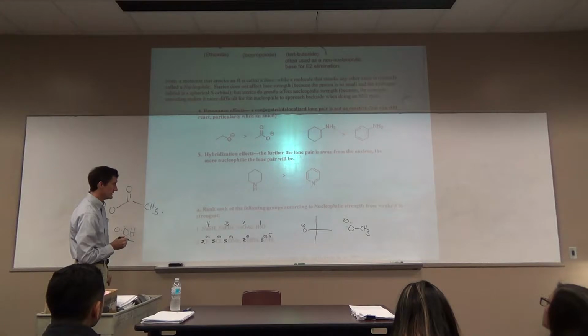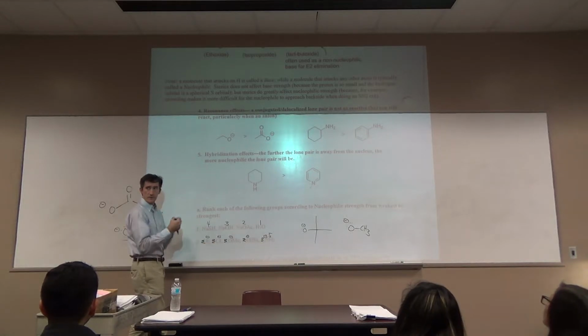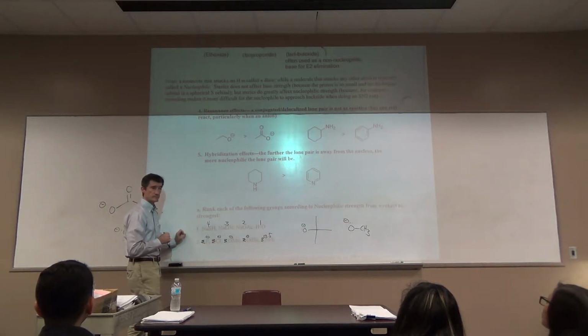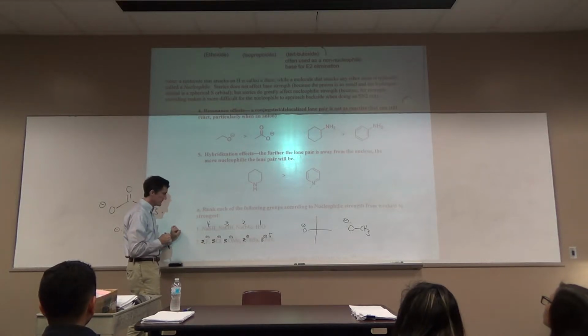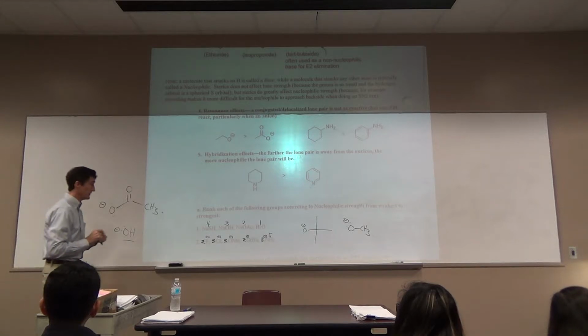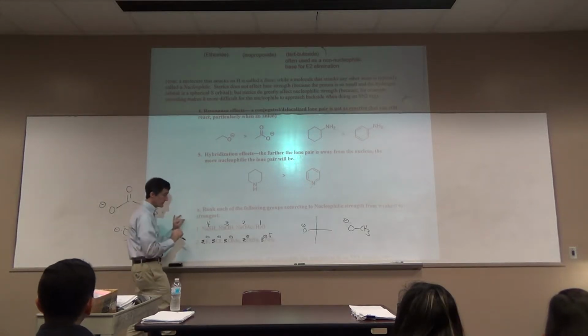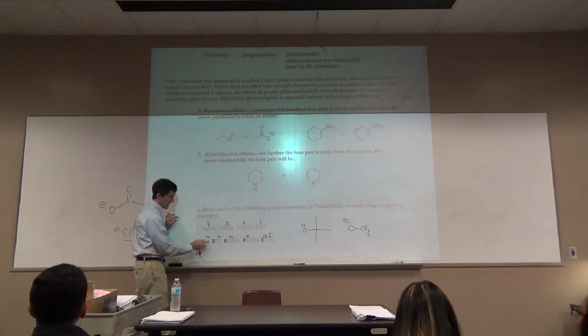What's the weakest? The weakest is going to be these that hold the electrons real tight. Which is weaker, F minus or Cl minus? Okay, again, we're talking about nucleophile. So this is where there's another factor, conflicting other than sterics. Which is a weaker nucleophile, F minus or Cl minus?